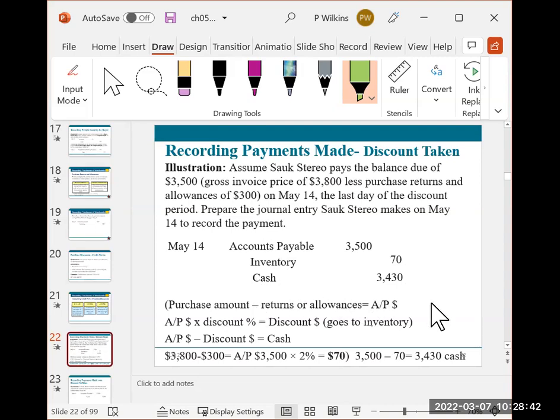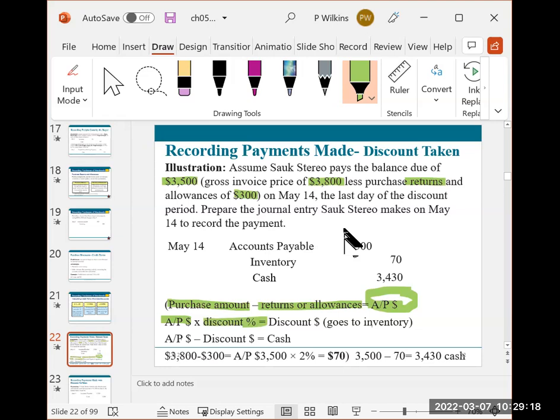So the formula for this goes like this. Your purchase amount minus any returns or allowances gives you your accounts payable number. In this case, the purchase amount was $3,800 minus the return of $300 gives us $3,500. Then to figure out our discount, we take the accounts payable number, $3,500, times the discount percentage.